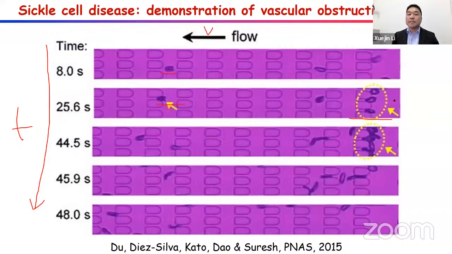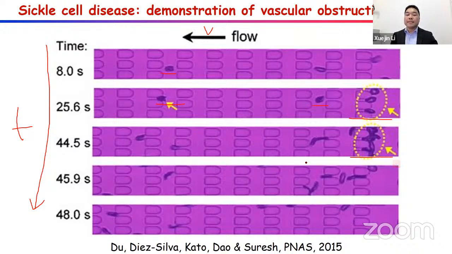But the healthy ones can still go through the microgate, like this one. And when the oxygen level is reduced further, you can see more sickle cells get trapped at the microgate, right?